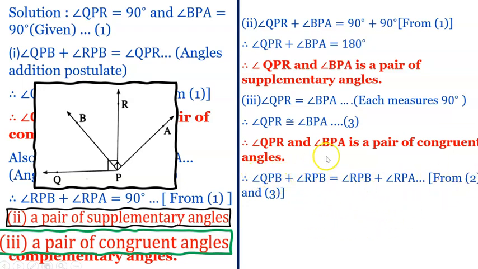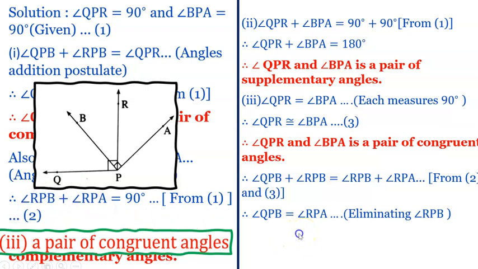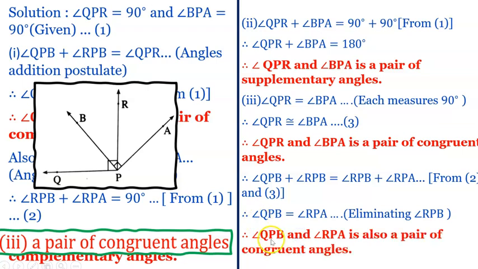From both sides we can cancel the angle RPB, and hence eliminating the angle RPB, we get angle QPB is equal to angle RPA. Okay, and therefore we get another pair, that is angle QPB and angle RPA are also a pair of congruent angles.